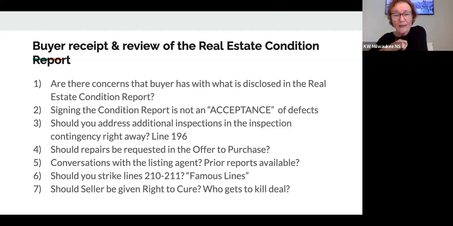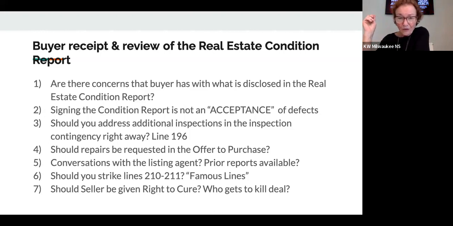Then the buyer will be able to review all the conditions of the property, even the ones he was aware of prior to writing the offer. So remember the three definition parts of the defects, and make sure that your buyer is always alert to this.